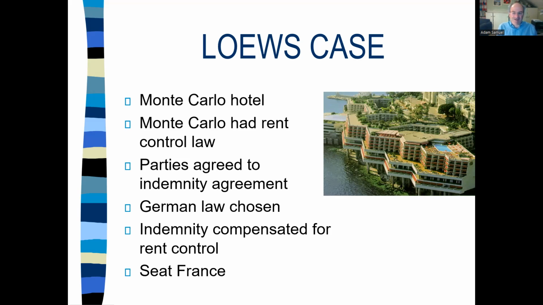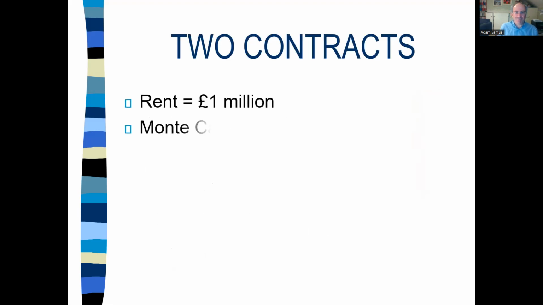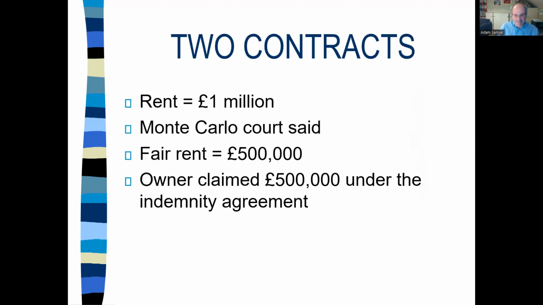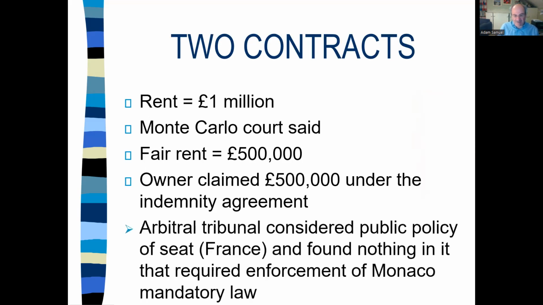Only if the arbitrator had been sitting in Monte Carlo and Monaco would Monte Carlo or Monaco public policy have been applicable. And that's ultimately how the case emerged. So the claim under the indemnity agreement is upheld.